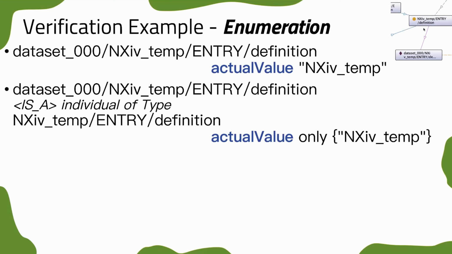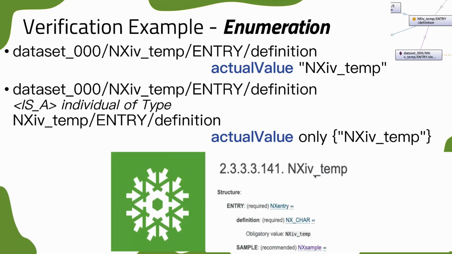And in its definition, this is a subset or subclass of something which has an actual value of only NX IV temp. The reason for this is because the definition of NX IV temp says that the entry definition has an obligatory value of NX IV temp. So actually that's how it is.